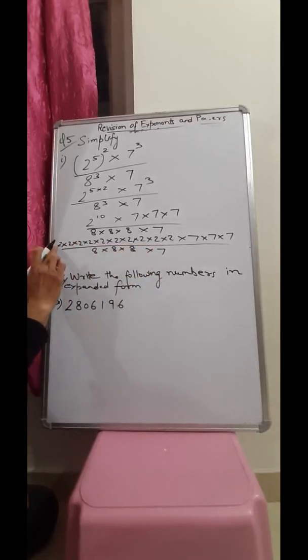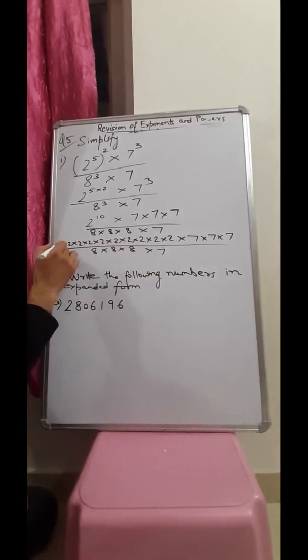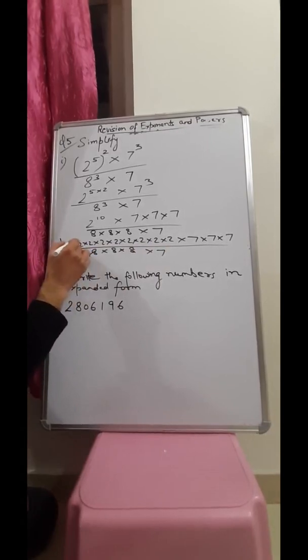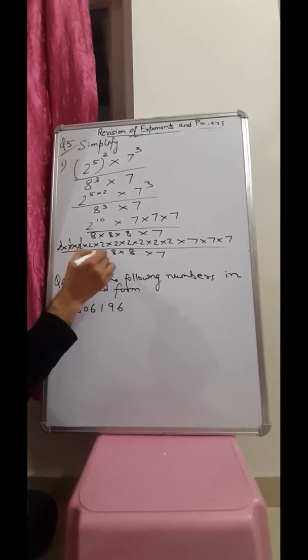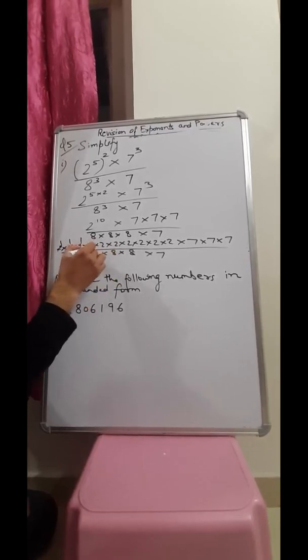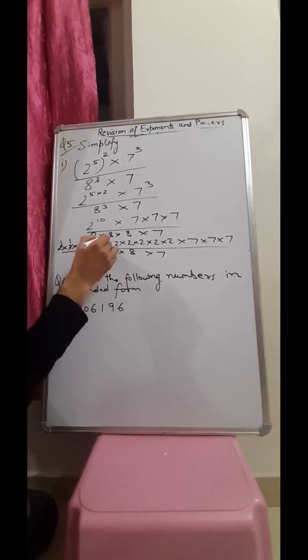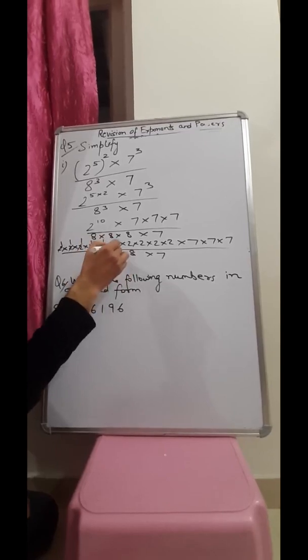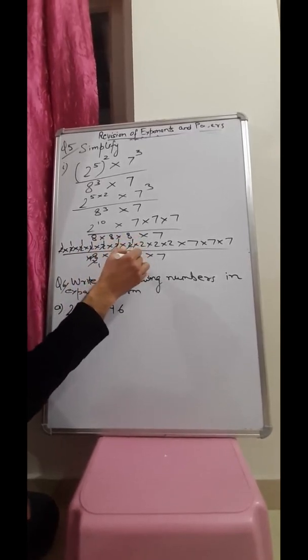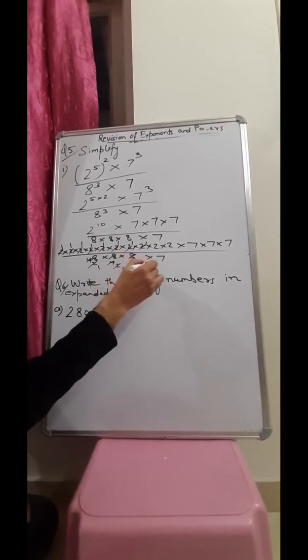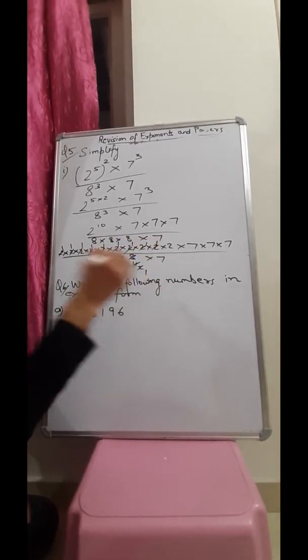So here with the table of 2 we can cancel the 8s. 2 ones are 2, 2 fours are 8, cancelling factors of 2 again and again.